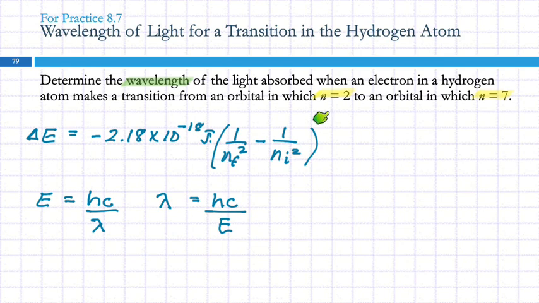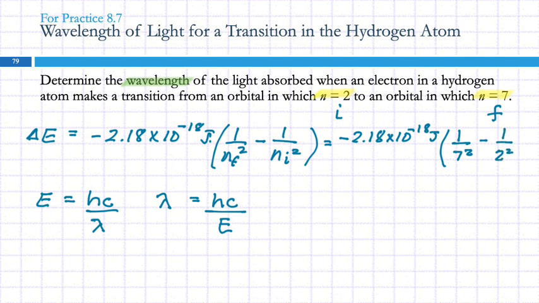N equals 2. Is that the final or the initial? Initial. This is going from n equals 2 to n equals 7. So this is the final one, and this is the initial one. So we've got 1 over the final, which is 1 over 7 squared, minus 1 over 2 squared.